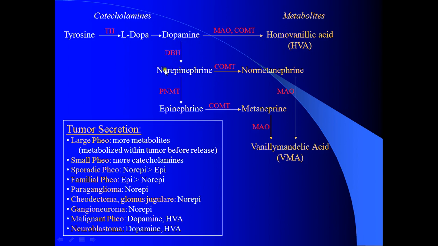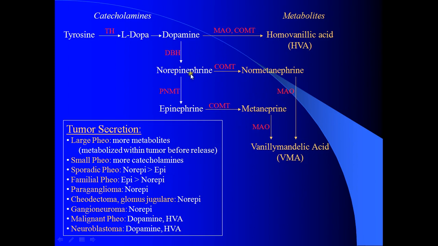Then this dopamine is converted into norepi, which is metabolized by COMT to normetanephrine. And this norepi is converted to epinephrine by the enzyme PNMT. This is a very important enzyme. This epinephrine again by COMT is converted to metanephrine.